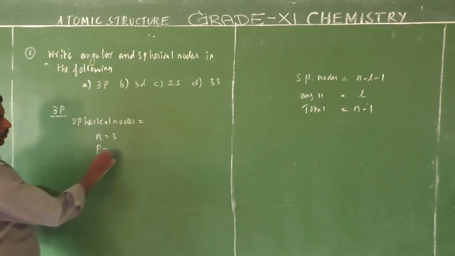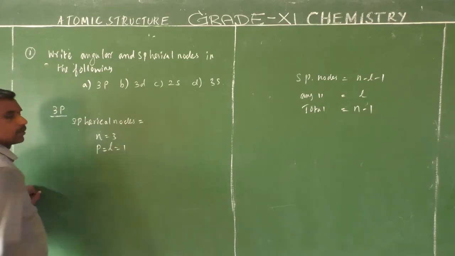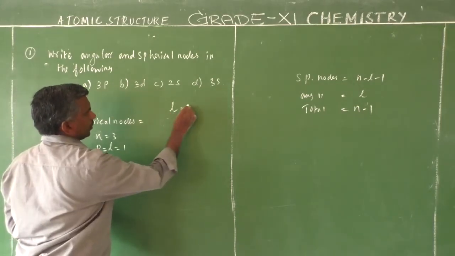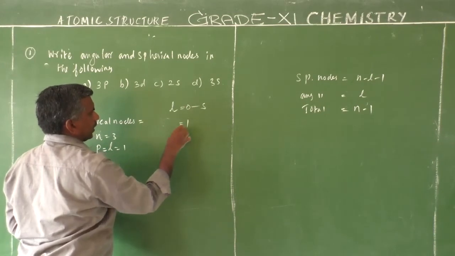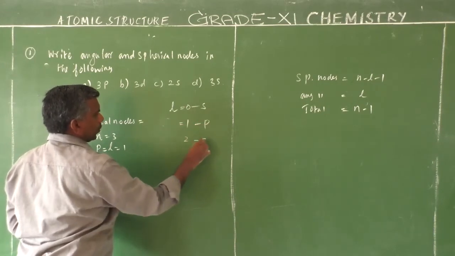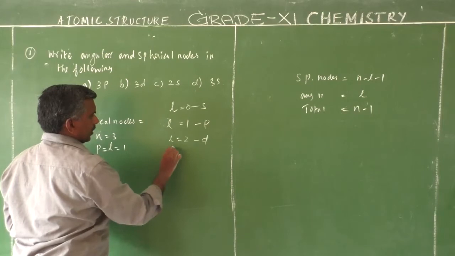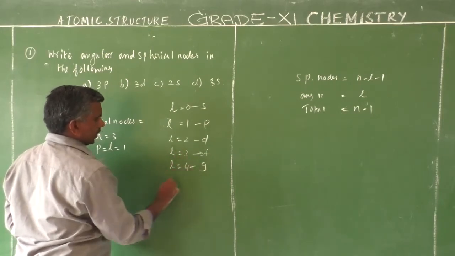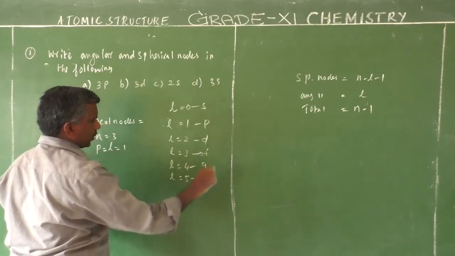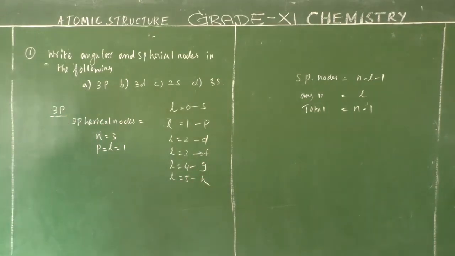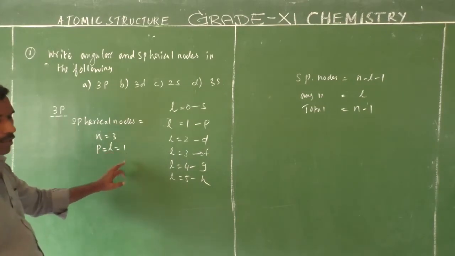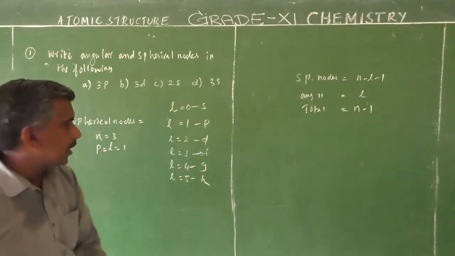The l value for s orbital is 0, p is 1, d is 2, f is 3, g is 4, h is 5. So for the p orbital, the l value is 1.